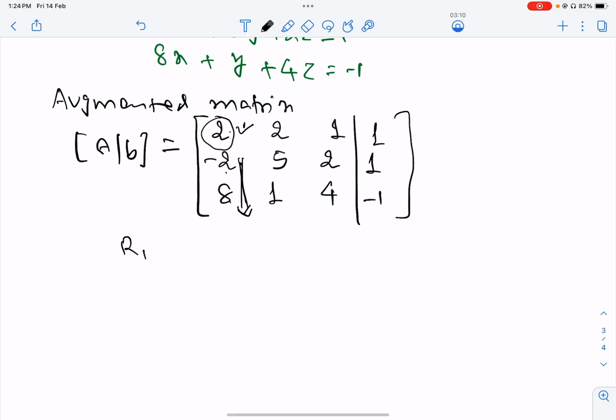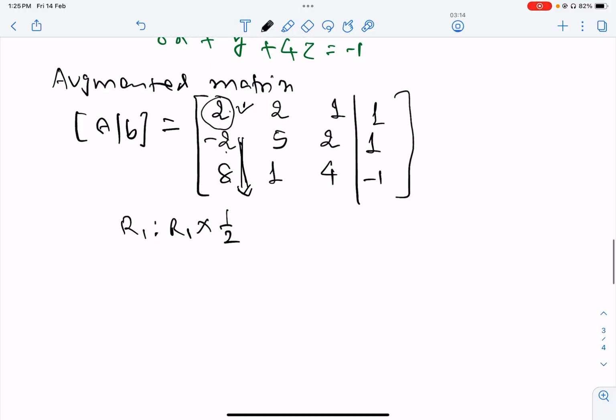So let us do like this: R1 into 1 by 2. I'm doing this because the computer IT students should write the program, and your program will do the systematic work. So for that you need to make it 1 here. Otherwise, as a human mind, we can do like this: make it 0 here, make it 0 here, and then after make it 1.